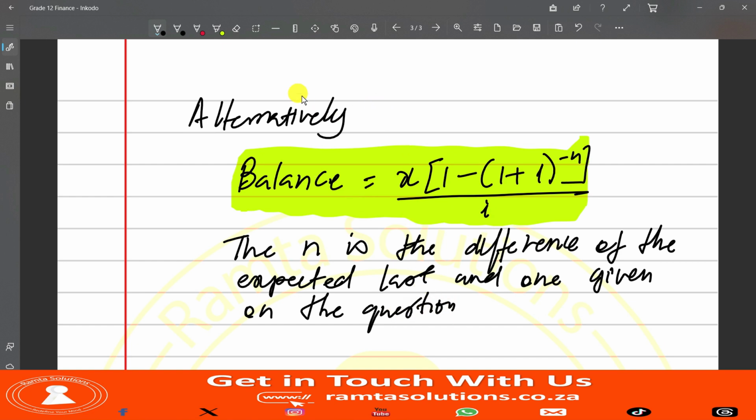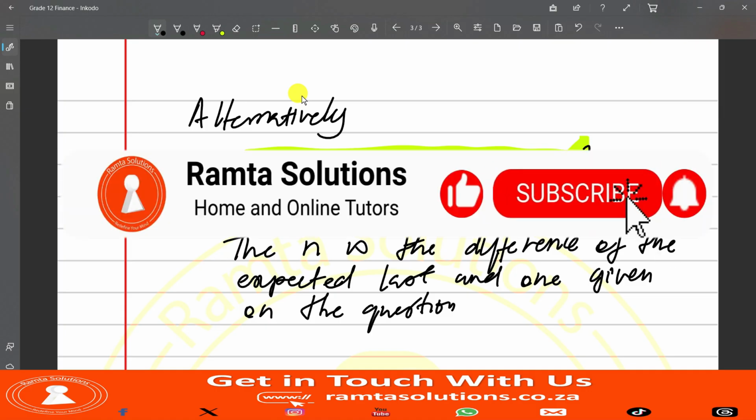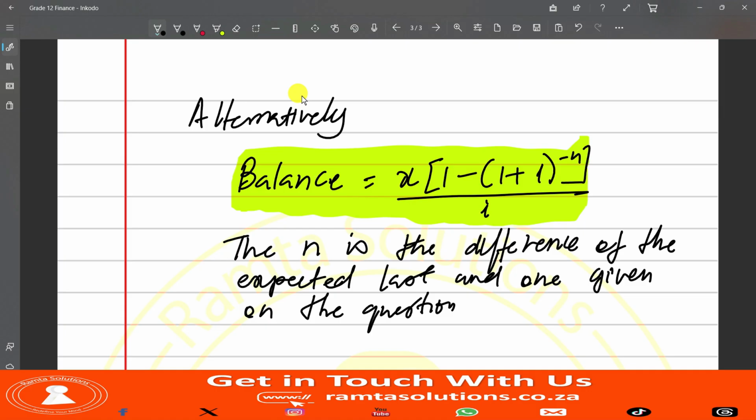So if you are supposed to end on the 230th installment and they say balance owing at 30th, your n when you use this formula will be 230 minus the one that the question is quoting. In this case, it's 230 minus 30.